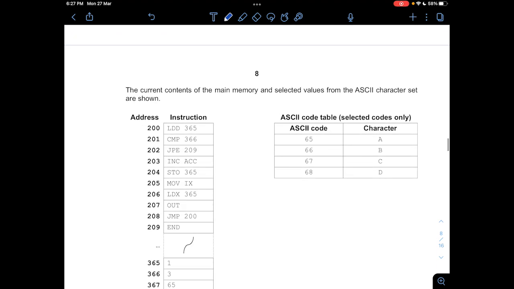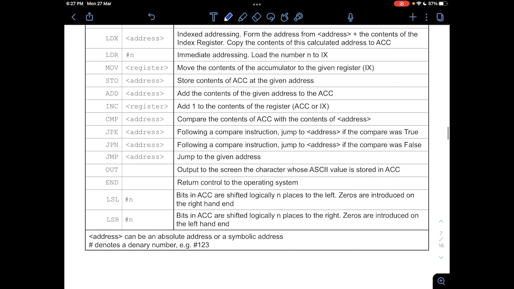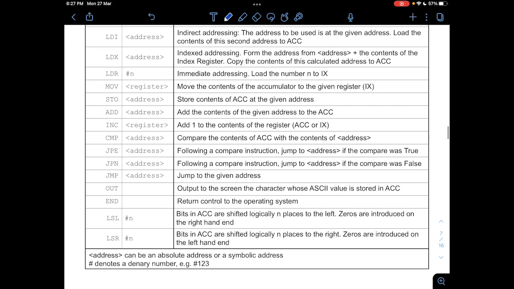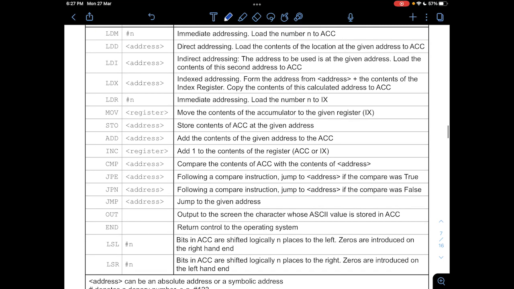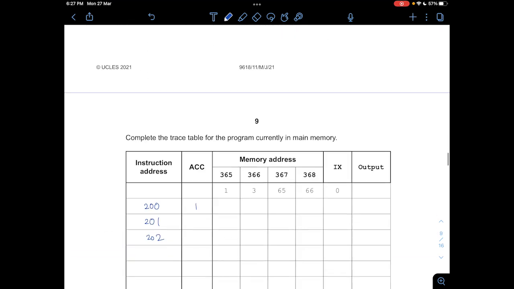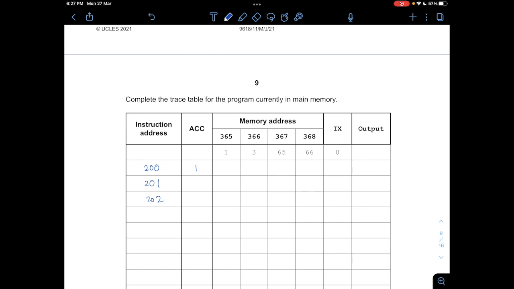The next instruction address 202 says jump to 209 if the comparison was true, right? So if you look here at JPE, following a compare instruction, jump to address if the compare was true, right? So if you compare 3 and 1, that will be false because they are not the same number. So all we need to do is move on to the next instruction.